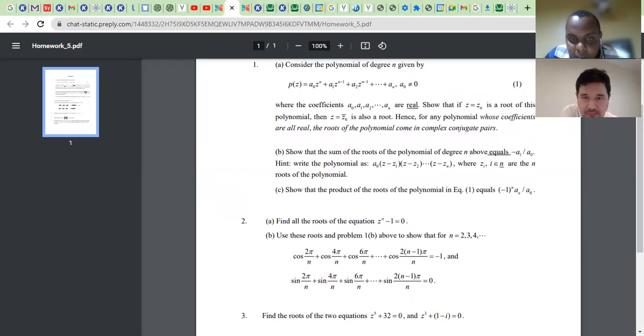Okay, find all the roots. So we already have that. So use these roots and problem 1b above to show that for n equals 2, 3, 4 all the way, this guy is going to become -1, and this other guy is going to become 0.